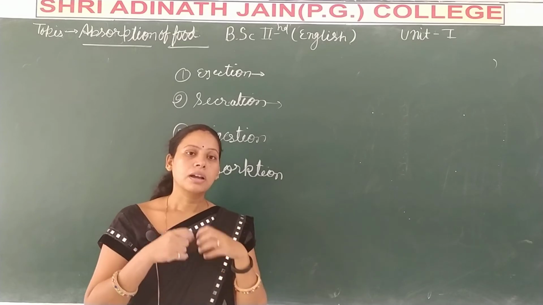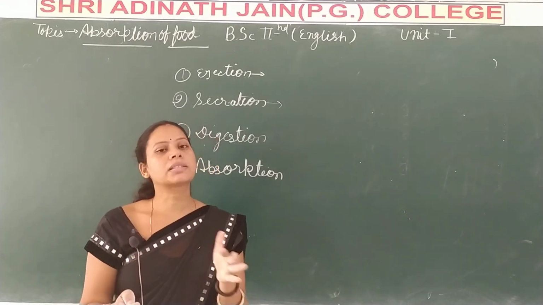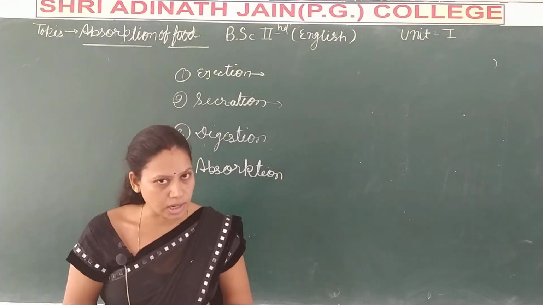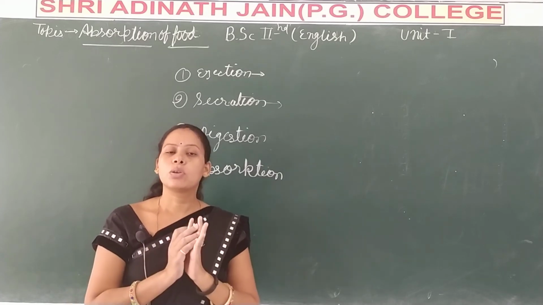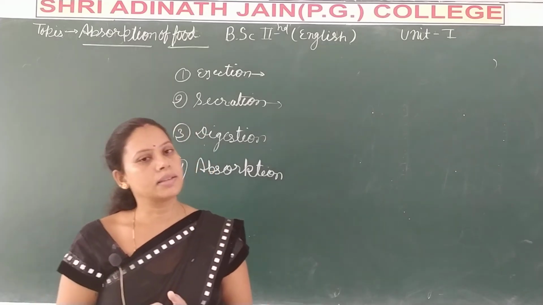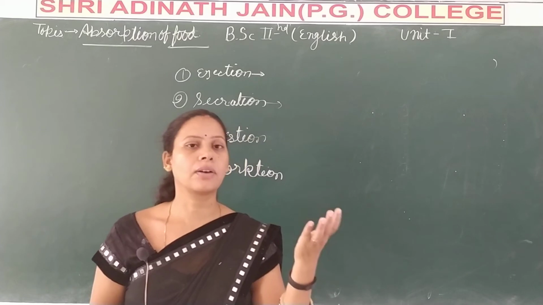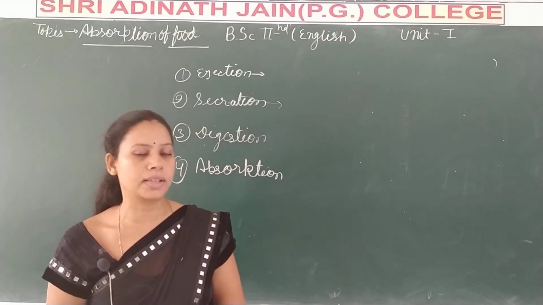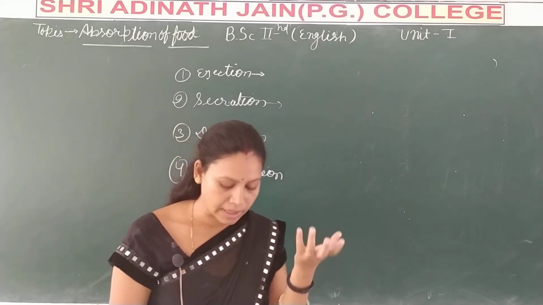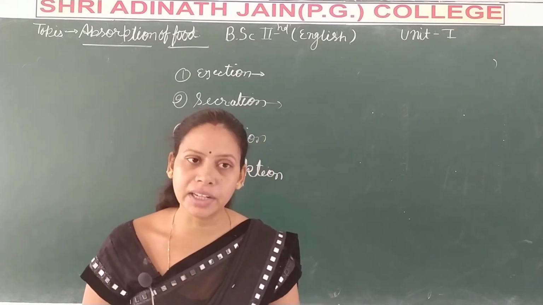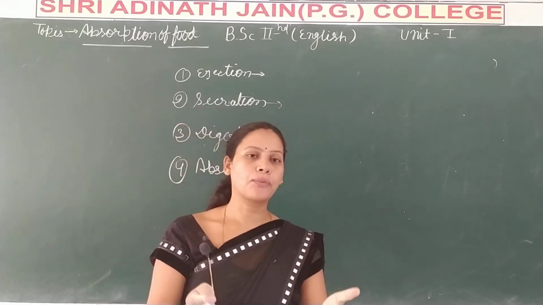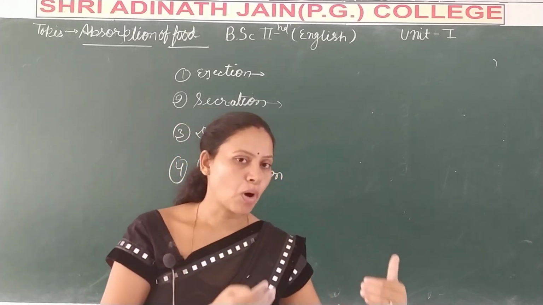The rest of the food material enters the large intestine. There will be no absorption in the large intestine, because when the food enters the small intestine it becomes a chyle condition, and most of the food is absorbed in the small intestine.